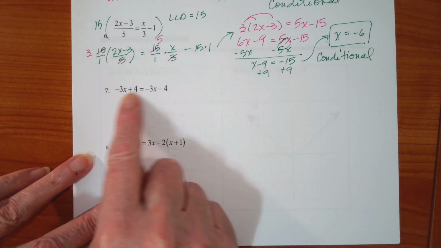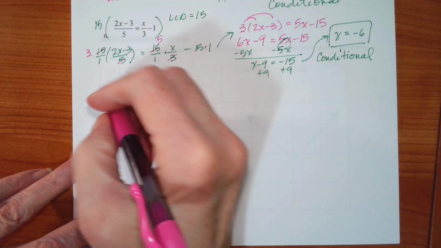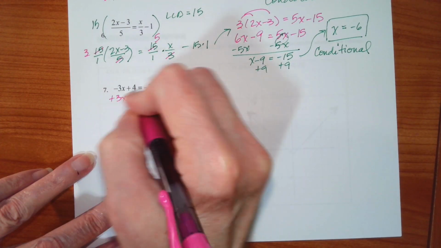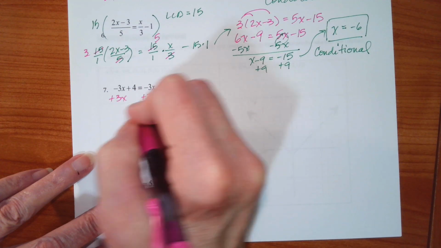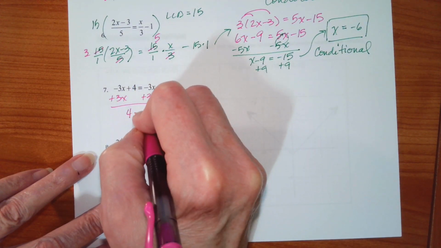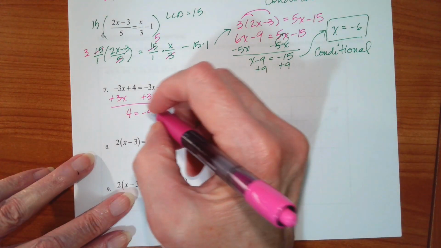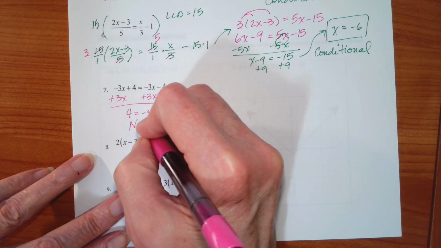Okay, if I have negative 3x plus 4 equals negative 3x minus 4, let's add 3x to both sides. And when I do that, I get 4 is equal to negative 4. This is never true.